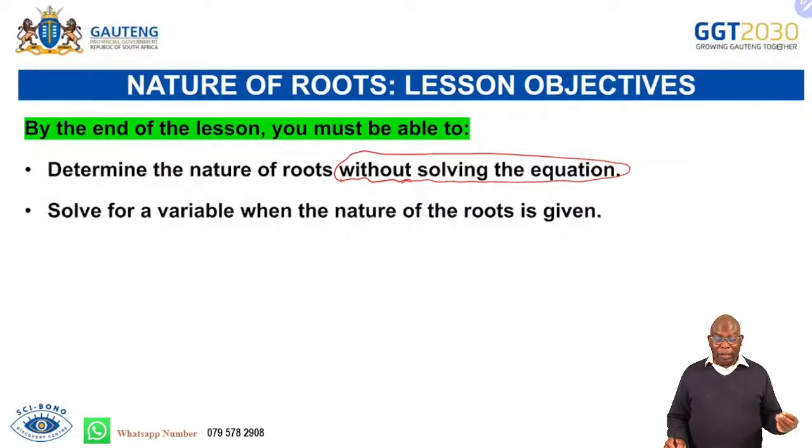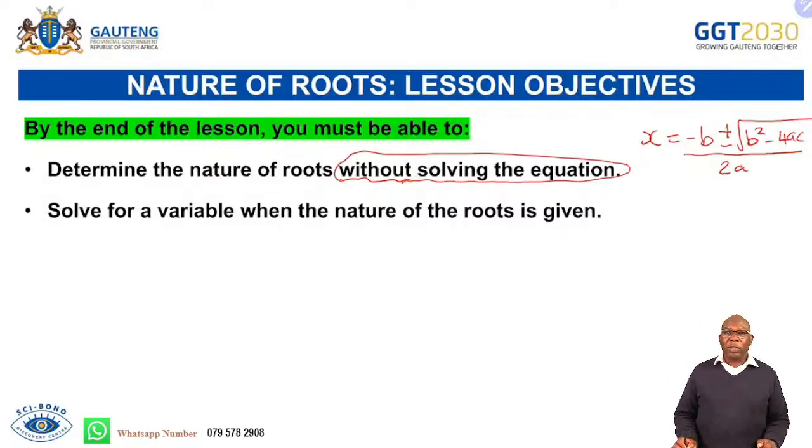We need to determine the nature of the roots by using a formula. And that formula is the one that we get in the quadratic formula. So I'm going to put the quadratic formula here, which is x equals minus b, you don't have to memorize this, it's there in the formula sheet, plus minus the square root of b squared minus 4ac all over 2a.